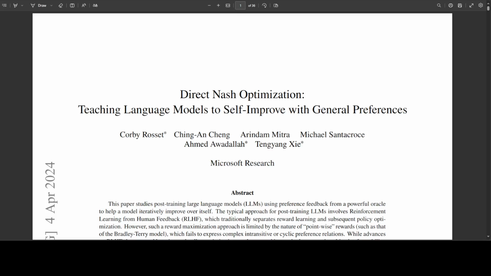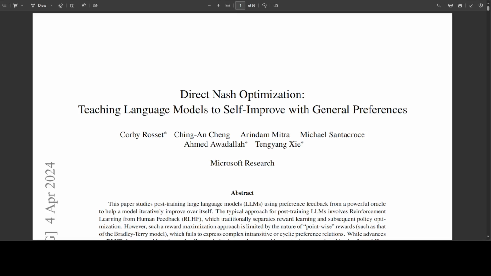But Direct Nash Optimization addresses these challenges by approximating soft policy iteration updates with a regression-based contrastive objective in a batched manner, which is a much more stable and forgiving learning objective.